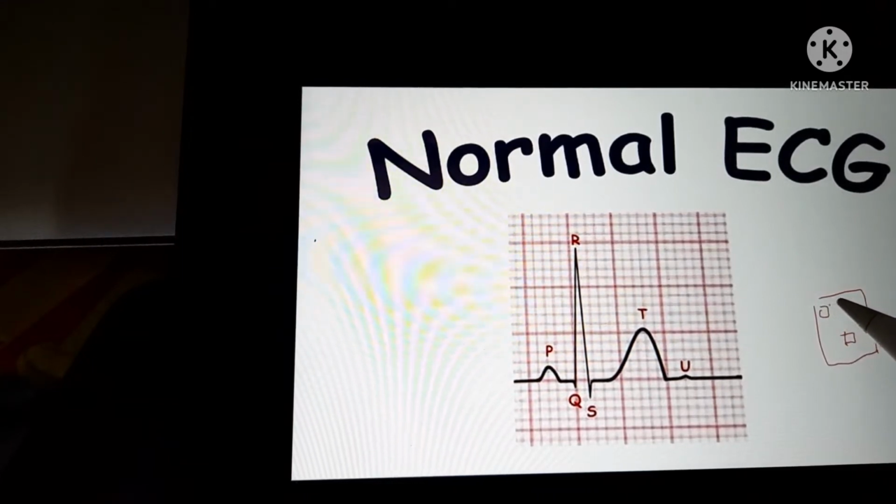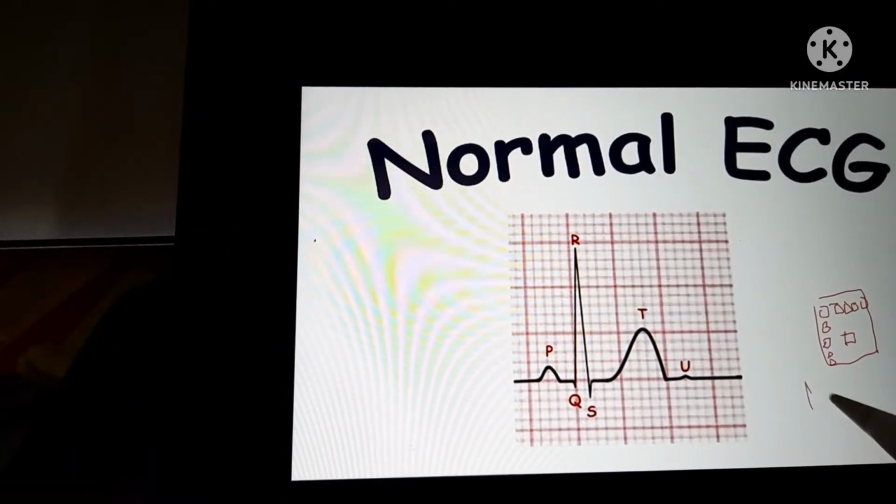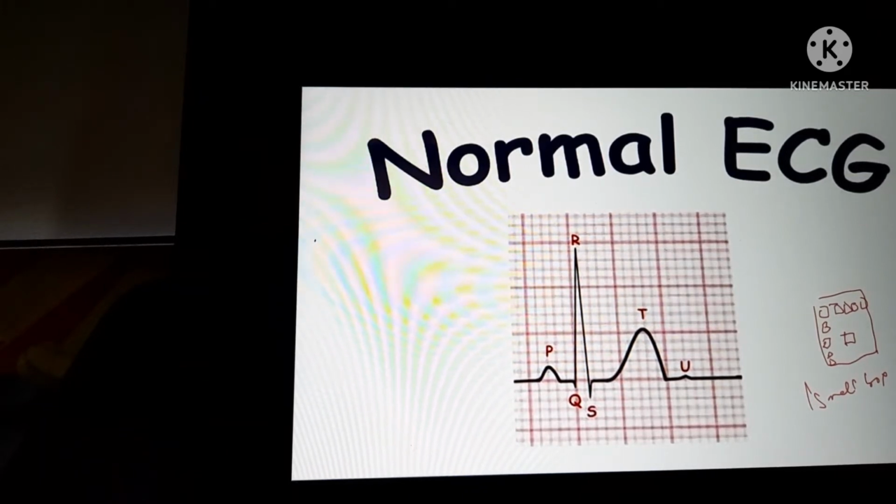Small boxes are arranged like this: 1, 2, 3, 4 and 5. One small box is 1 millimeter in length, and therefore one large box will be 5 millimeters in length.